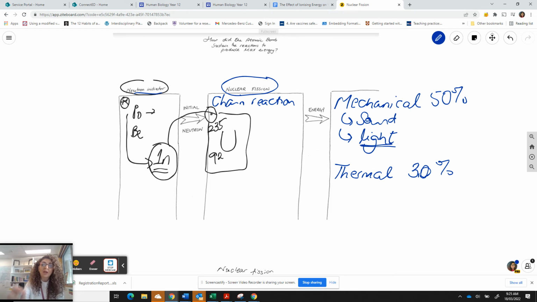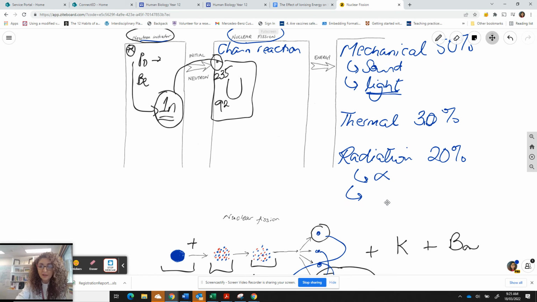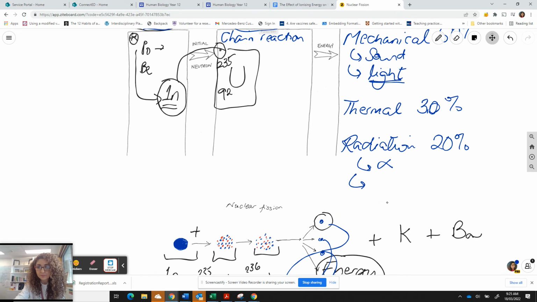Now, the one that we're mostly going to focus on in our studies is going to be radiation. And 20% of the energy was radiation, and that radiation comes in three forms: alpha rays, beta, and gamma.